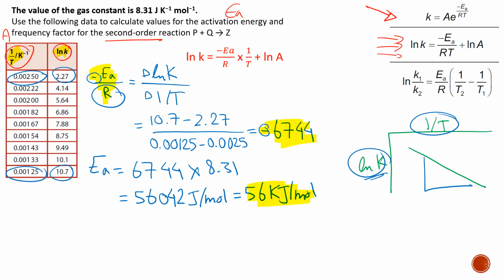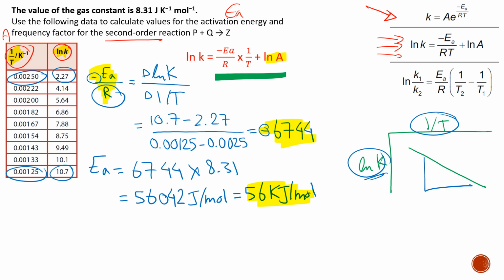We did not finish the problem. We still have to calculate the frequency factor A, which is a very easy job. Why? Because we will directly use the formula here. We could just manipulate this formula.